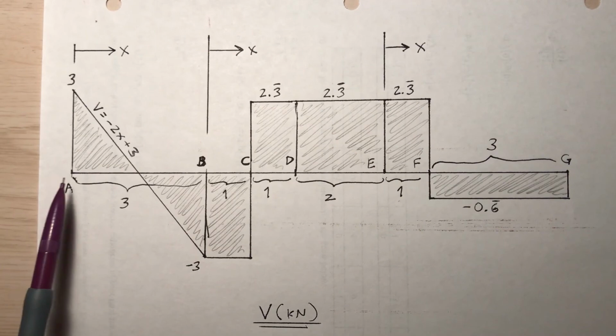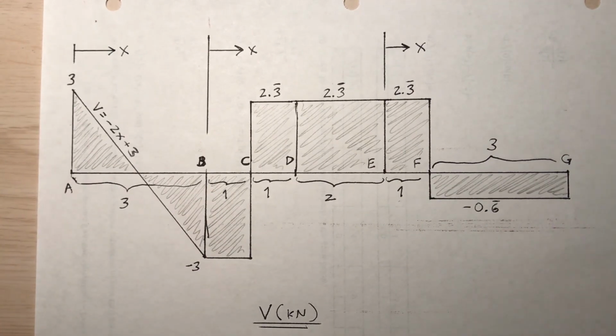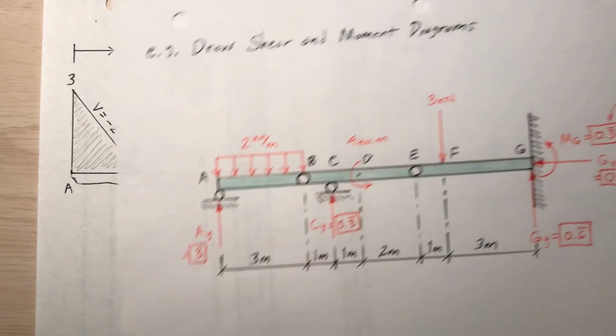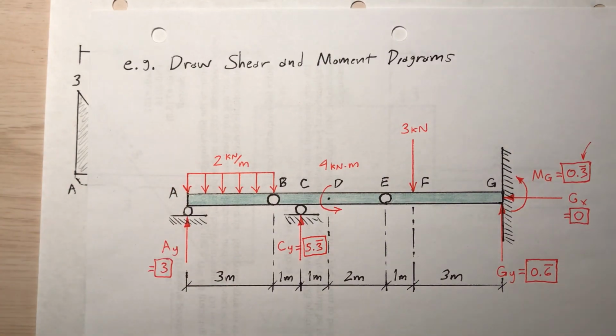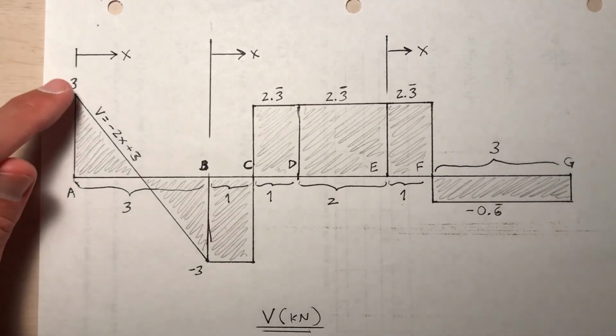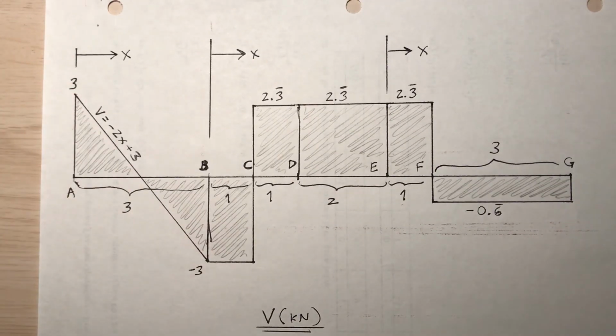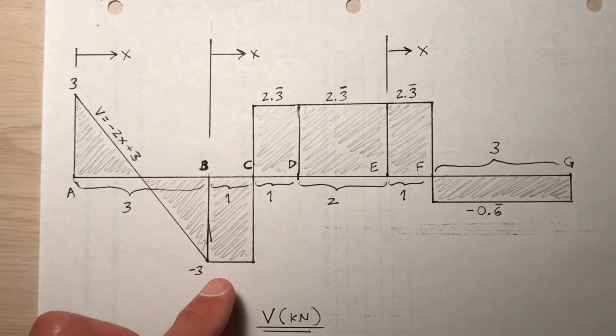As I go from A to B, I go from 3 to -3, a change of 6. It should be -6 because the load is pointing down. So the change in shear is -6 from A to B, and then from B to C, the shear stays constant at -3.